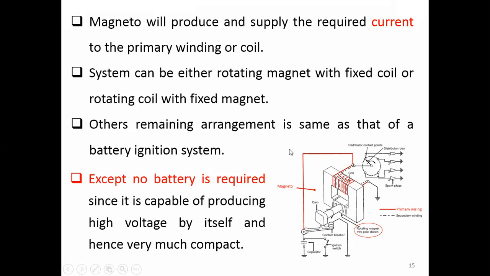The remaining arrangement is the same as the battery or coil ignition system, except that no battery is required, because the system itself is capable of producing high voltage by itself. So the system is much more compact. No need for space for the batteries.